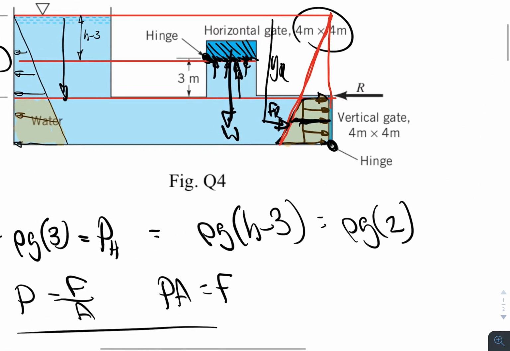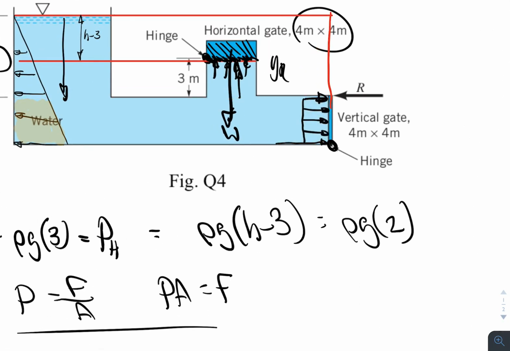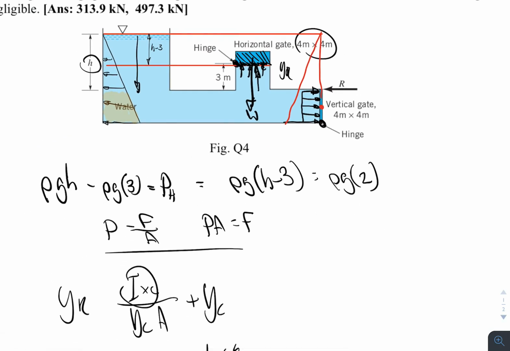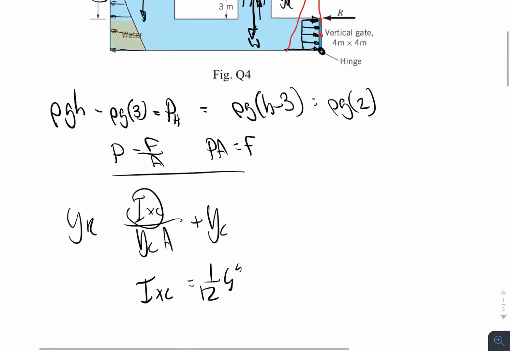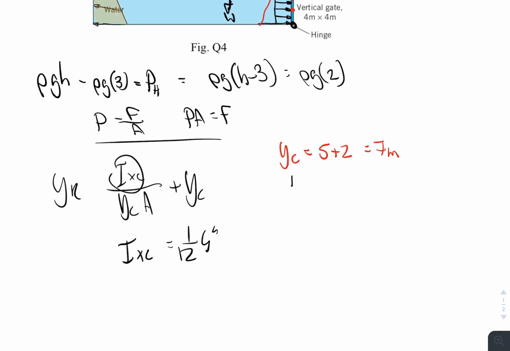So y_c is the midpoint here. We know the height of this gate is 2 meters. We know h is 5. So y_c is equal to 5 plus 2, half the gate height, which is equal to 7 meters. Okay, we know that the area is equal to 4 by 4 meters. And that should be everything we need to figure this out.